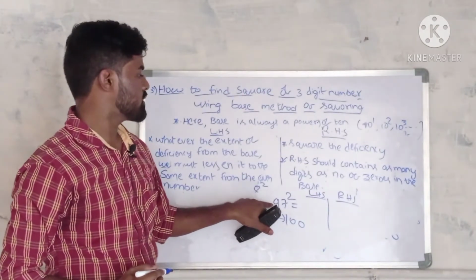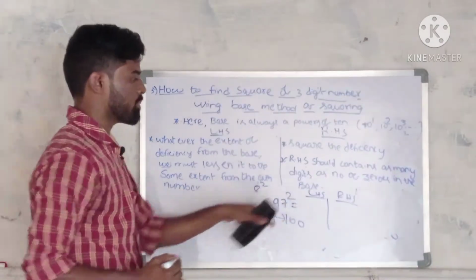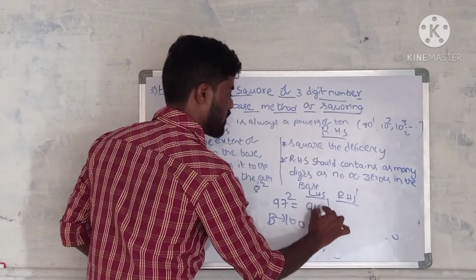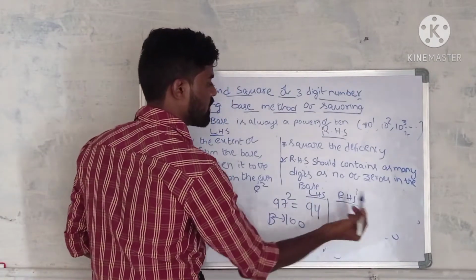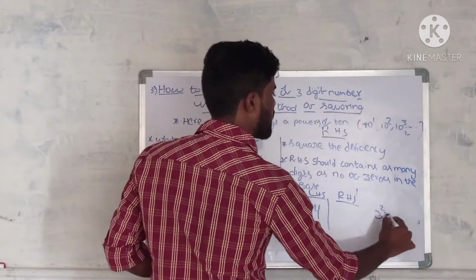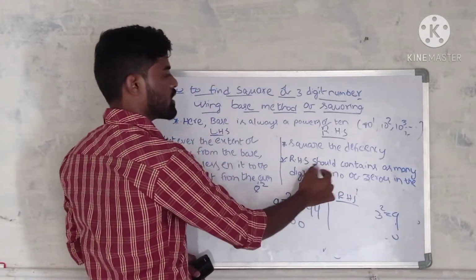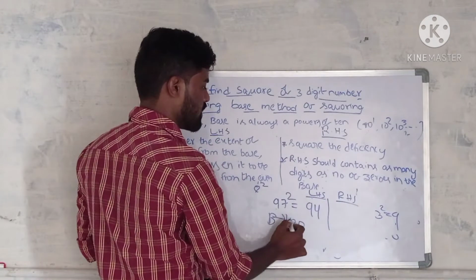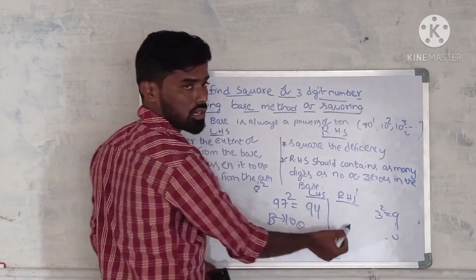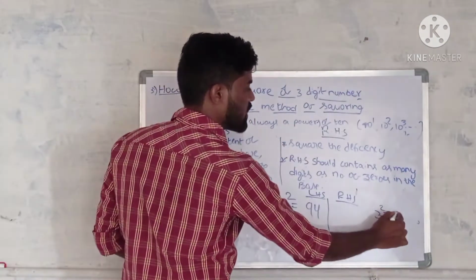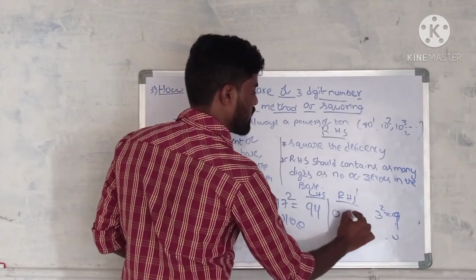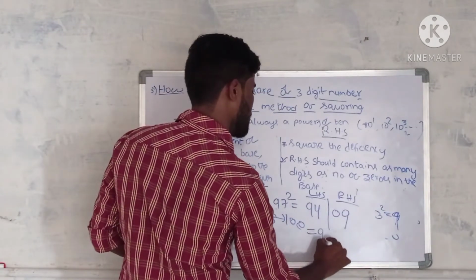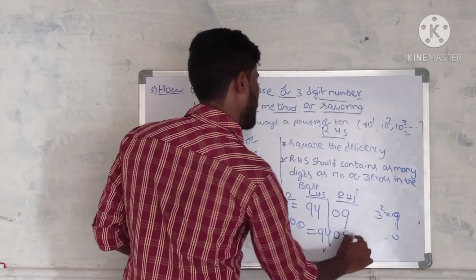That means we have to reduce this number by 3. 97 minus 3 is 94. The deficiency is 3, and we have to square it. 3 square is 9. Since RHS should contain as many digits as the number of zeros in the base, and here there are 2 zeros in the base, RHS should contain 2 digits. Here we should write 9 as 09. That makes 9409.